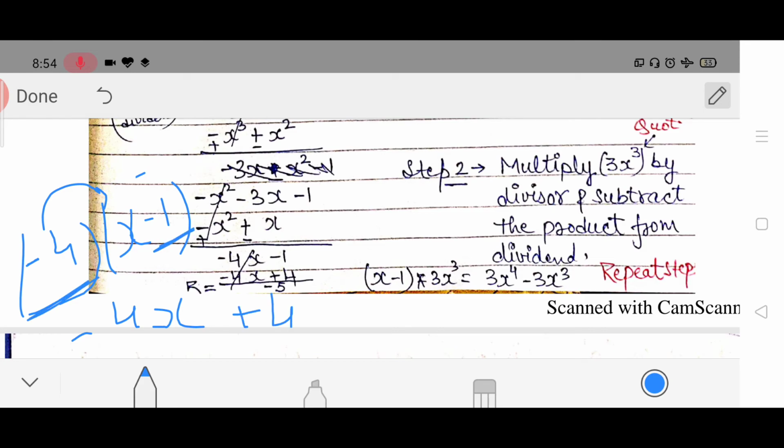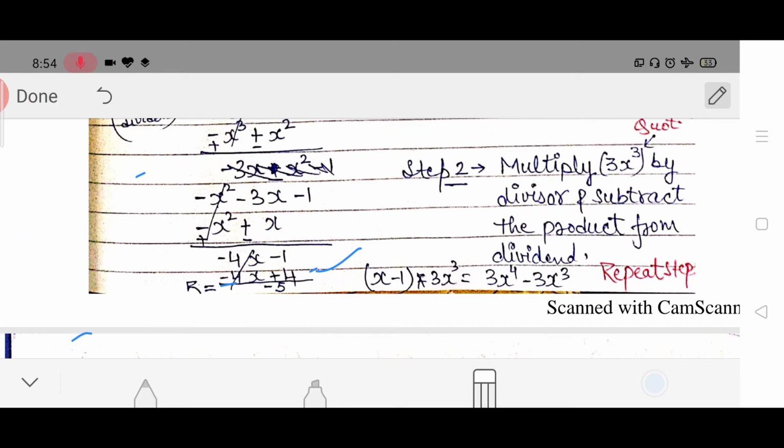Now you have to write minus 4x plus 4 here, then you have to change the sign, minus becomes positive and positive becomes negative. So this will cancel out, and minus 1 and minus 4 become minus 5. So now you can see minus 5 is our new dividend.